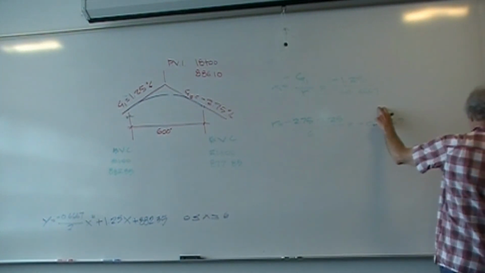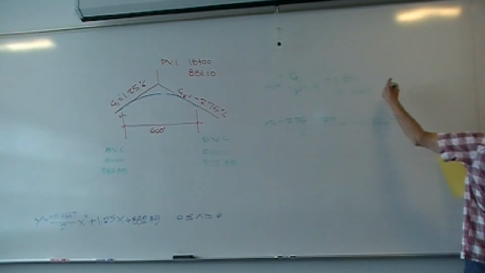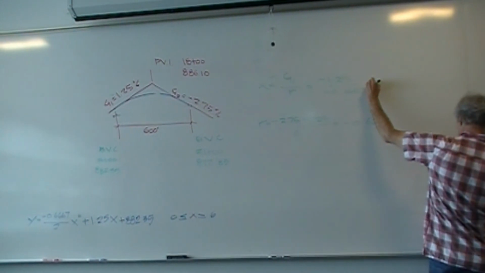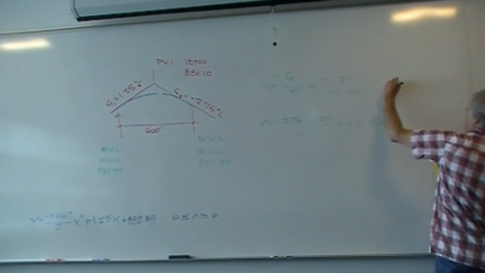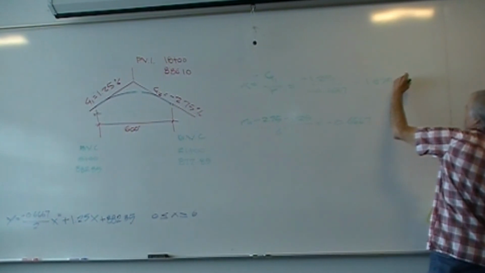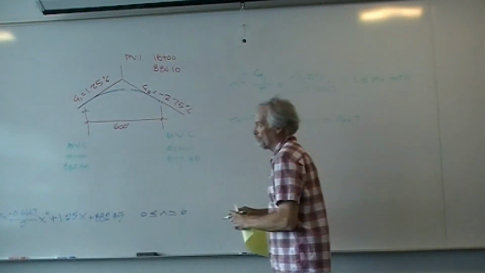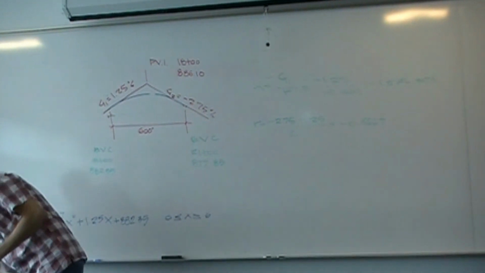So when I do the math on this, what I'm coming up with is 1.875. So this is the total number of stations that we are to the high point. So we're looking at this graph here.